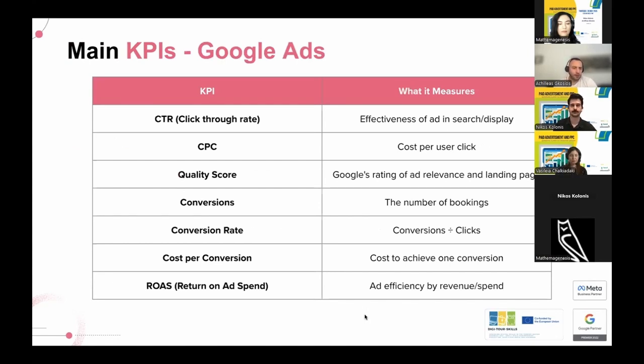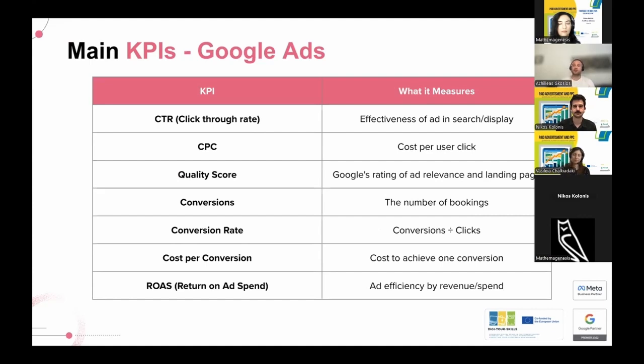The main KPIs in Google Ads and Facebook Ads are almost the same. For example, we have CTR both in Google Ads and Facebook Ads, or Meta Ads. This metric shows us, from 100 people that saw our ads, how many finally clicked on the ad, and it is an indicator of how effective our ad is.